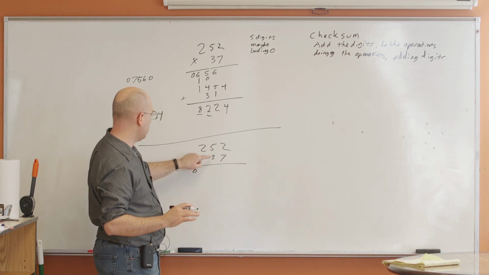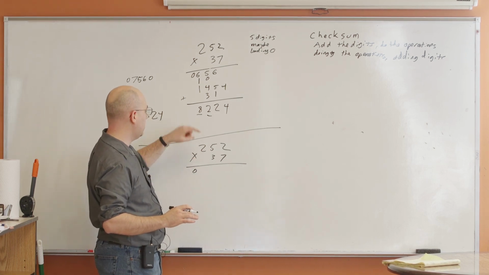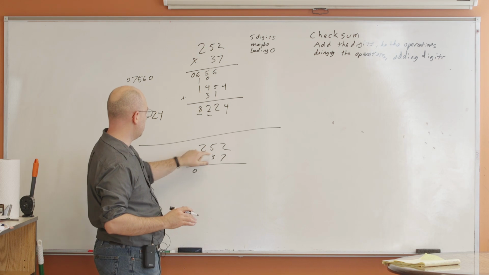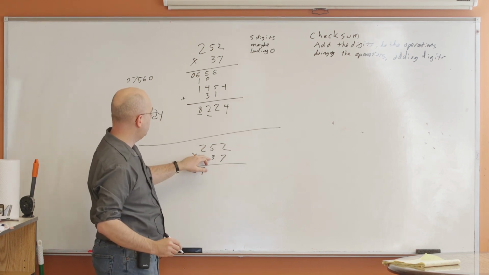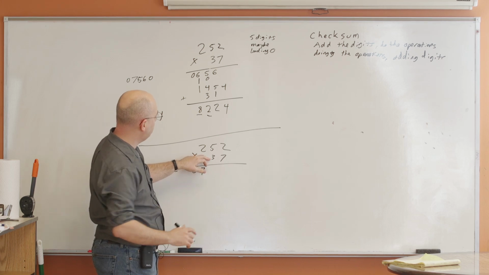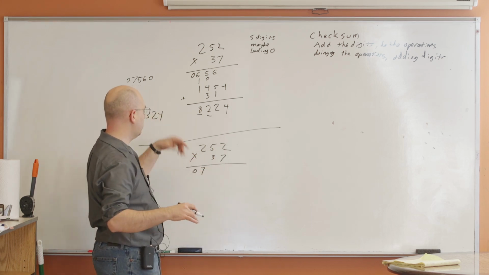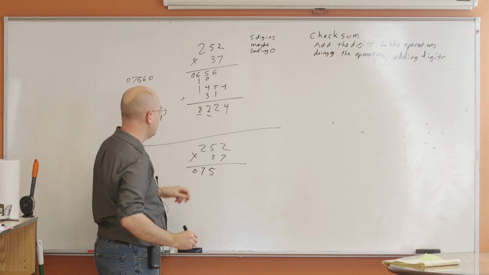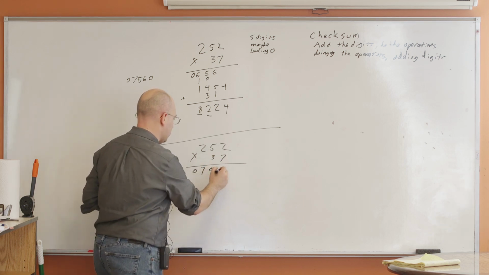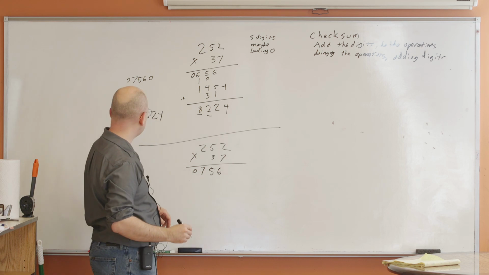Keep the 6 in your mind. 3 times 5, 15. Left digit is 1. So that was 6 and a 1. So you just write down 7. 3 times 5, the right digit is 5. 3 times 2, 6. The right digit is 0. So that's a 5. And then the right digit here was 6.